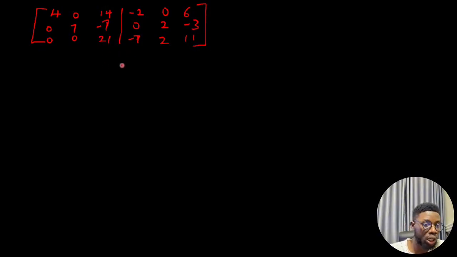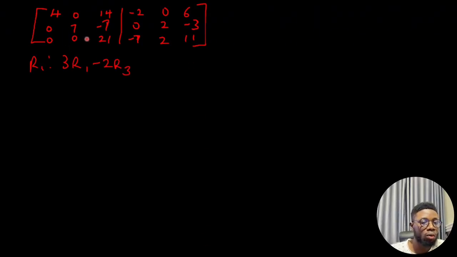So what we can do is say 14 is 2 times 7 and 21 is 3 times 7. So we have 3 here and 2 here as the different thing that they have. If I multiply this one by 3 and this one by 2, they can easily cancel out by just subtracting them. So the elementary row operation that I will do for row 1 is: row 1 becomes 3 multiplied by row 1 minus 2 multiplied by row 3. And that settles row 1.